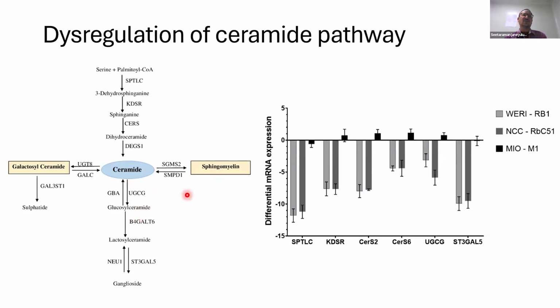For all these genes, we designed the primers and did the qPCR study, and to our surprise, compared to control, all the genes are downregulated in gene expression. So then how is the hexosyl ceramide very much upregulated? It is not due to the biosynthesis by the UGCG protein, the glycosyl ceramide synthase.